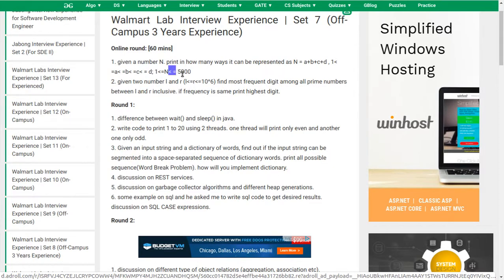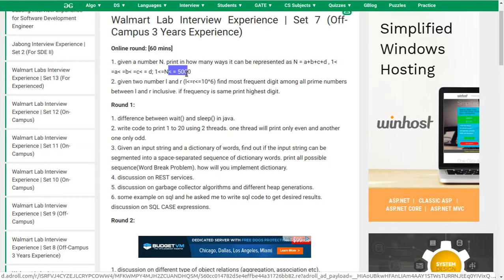The first thing I did was try to find a mathematical formula from which we can derive this, but there was none.